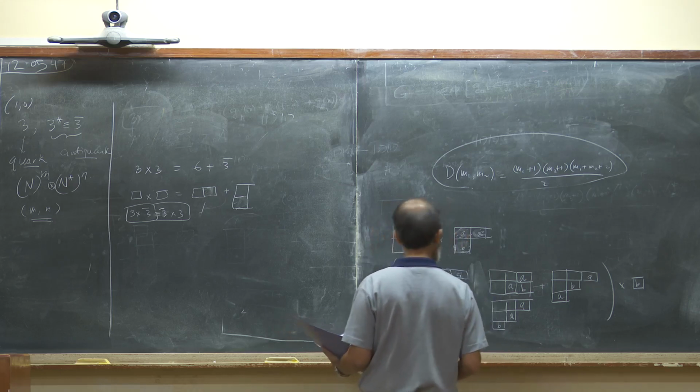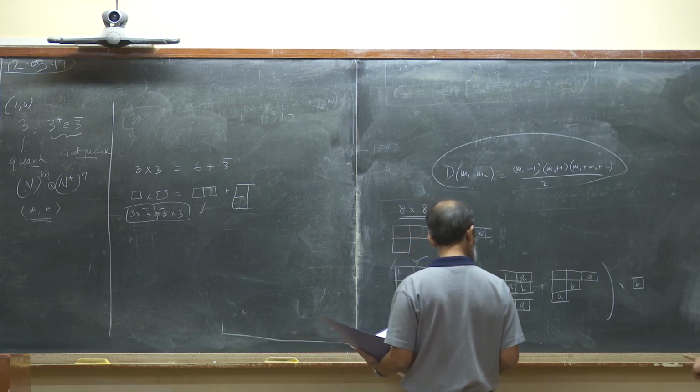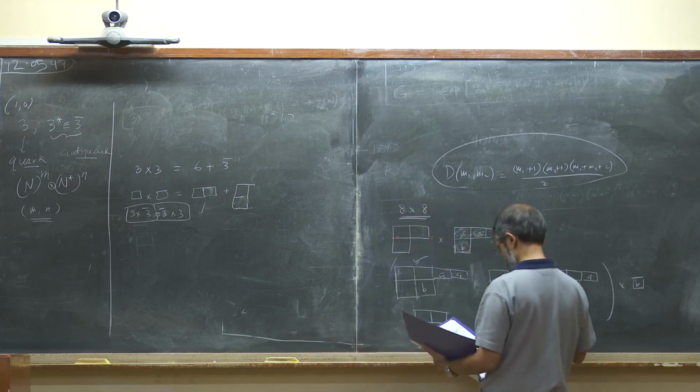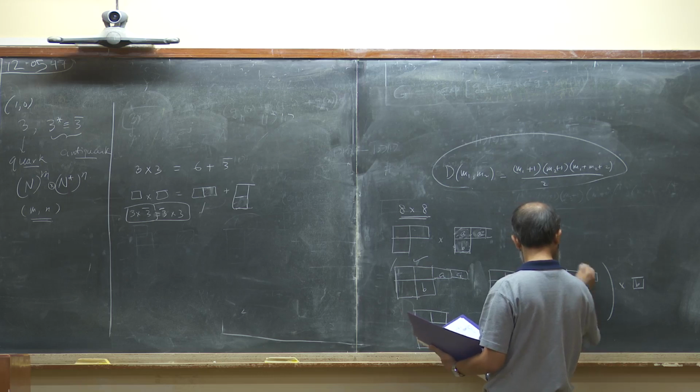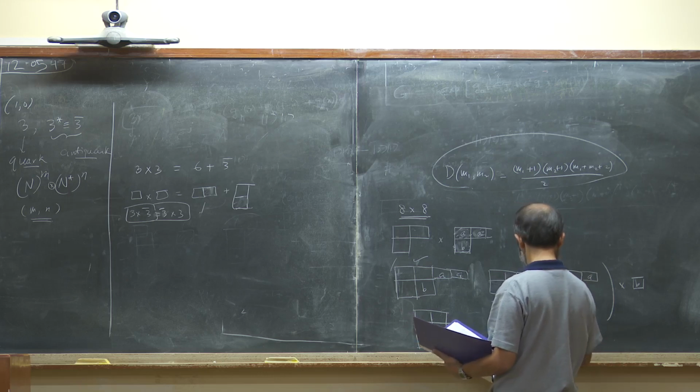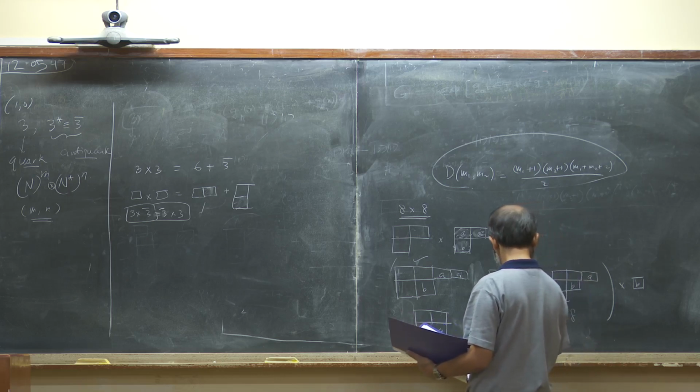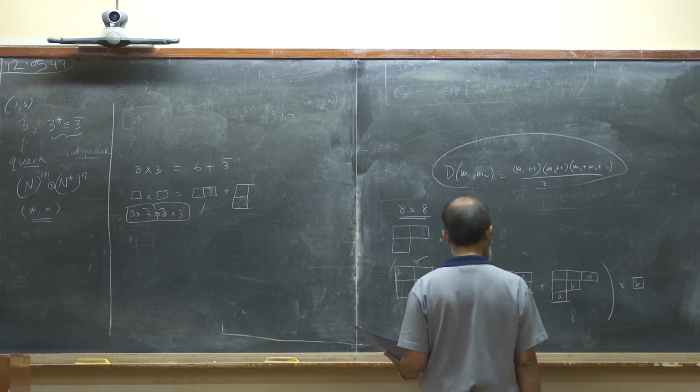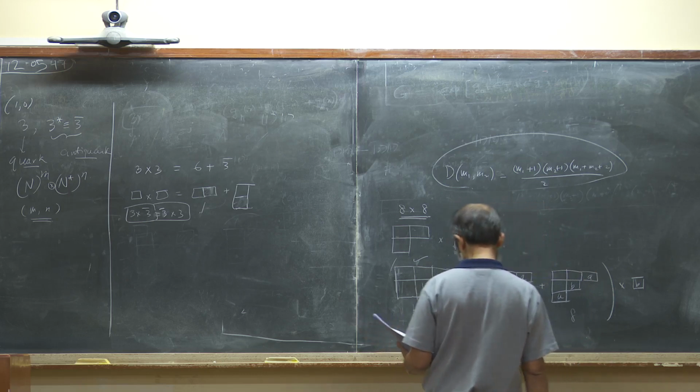The last thing will be 1. And so this guy is 8 clearly. So this is an 8. Here is another 8. So 8 appears twice in different ways.